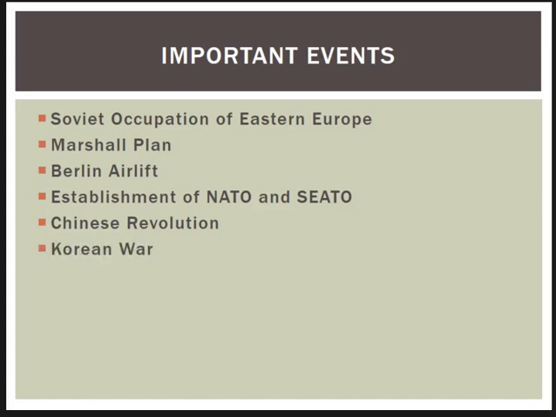The Korean War of 1950 to 1953, this first place where, as they said at the time, the Cold War got hot. Now, interestingly enough, it never was the United States shooting directly at the Soviet Union.